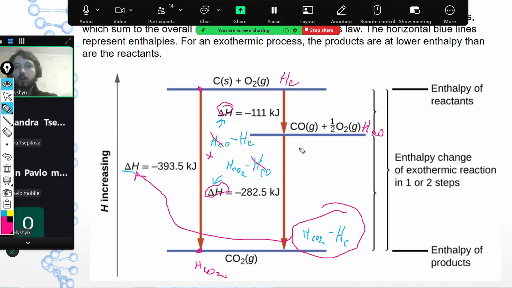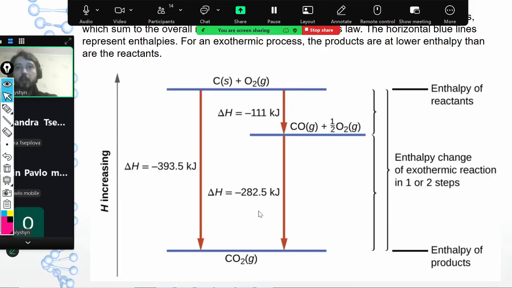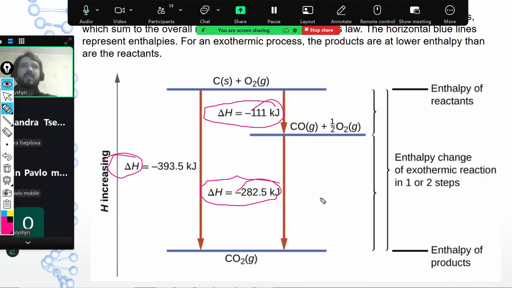So we can calculate the difference of enthalpies between different states. If we don't know this number directly, we can use some intermediate steps. And it doesn't matter whether these reactions are feasible or whether they occur in practice or not. It does not matter. We only need to be able somehow to get from here to here.